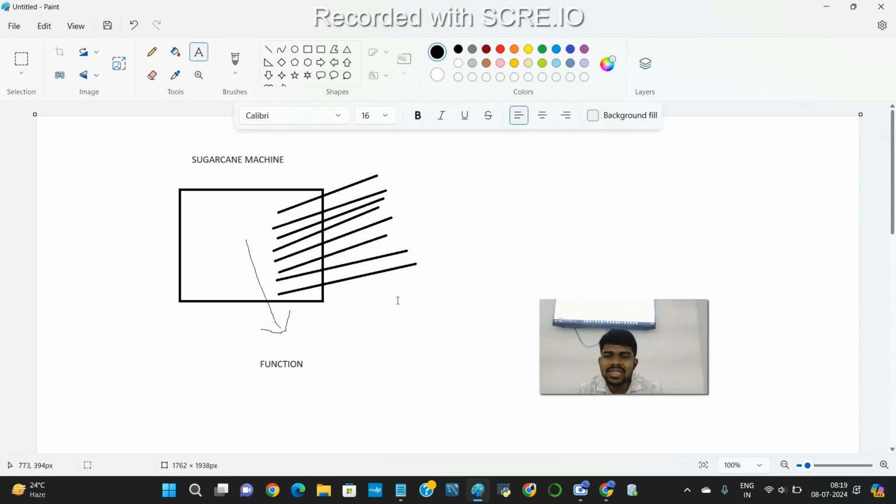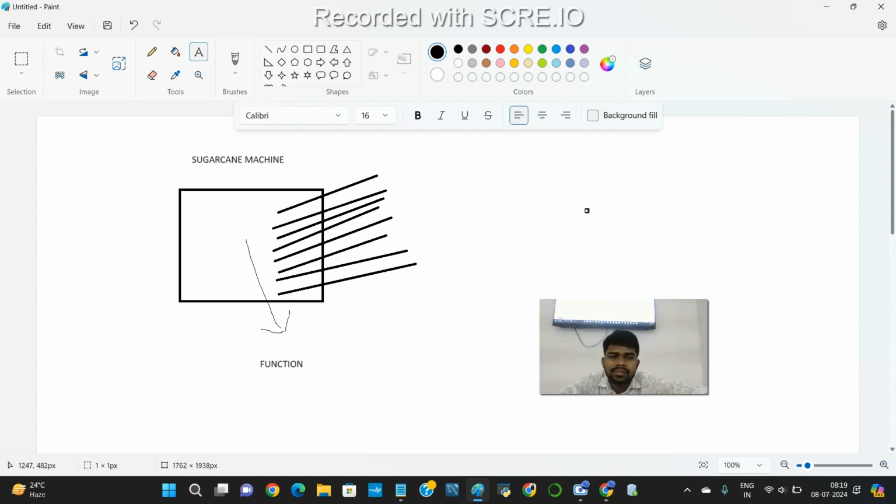I will give a different stick to the same sugarcane machine. So that means we are reusing the sugarcane machine. We give sugarcane sticks, it produces sugarcane juice. So this is the concept of functions.